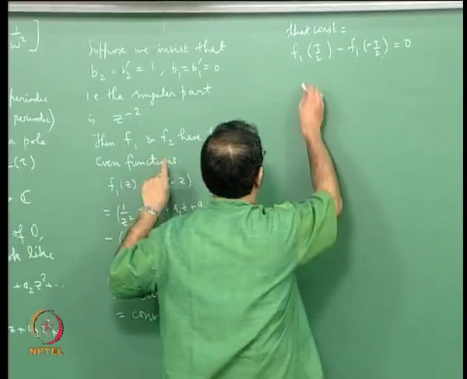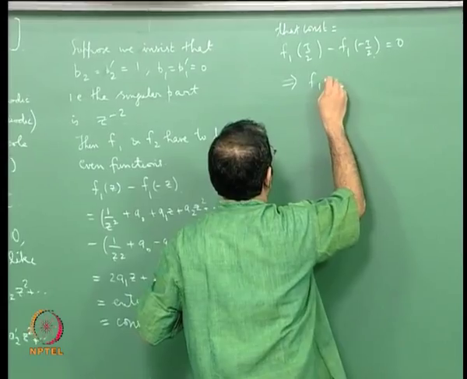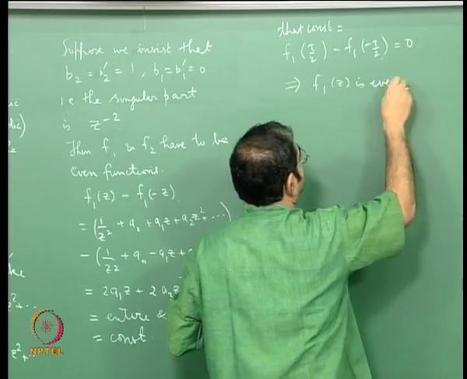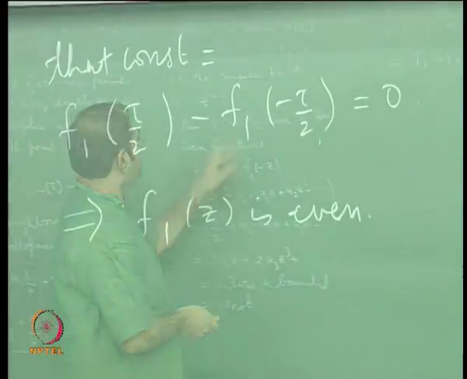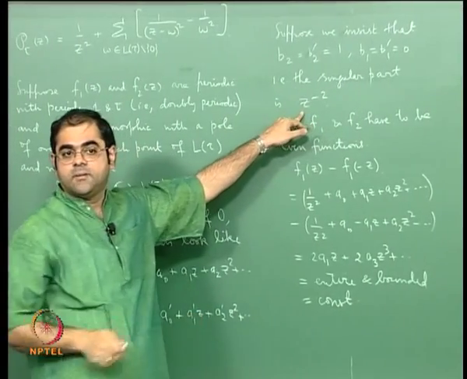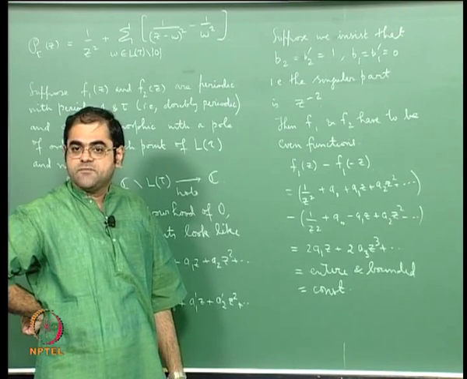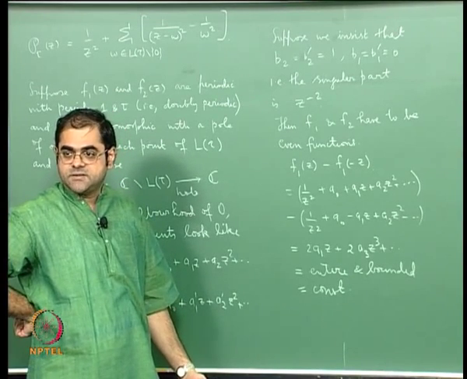As a result, what this argument tells you is that f1 of z is even, okay, f1 of z is even. So the point is, the moment you put the condition that the singular part is z to the minus 2, the function becomes even, okay.